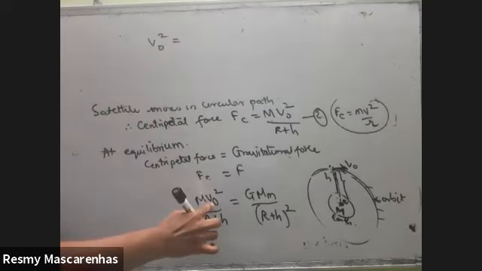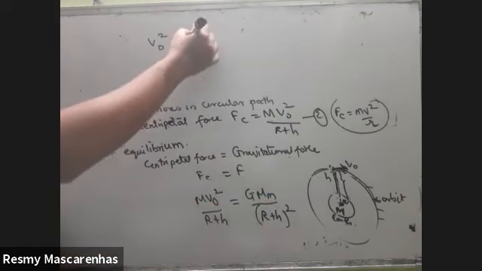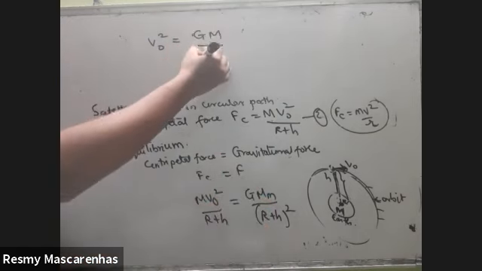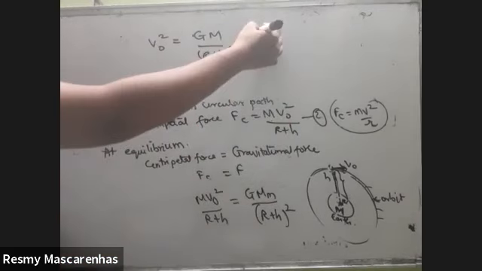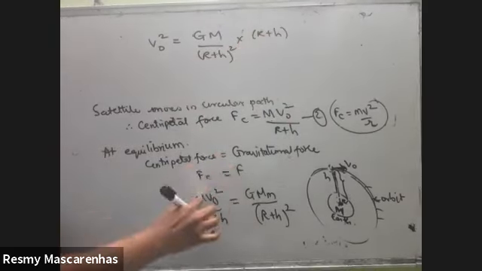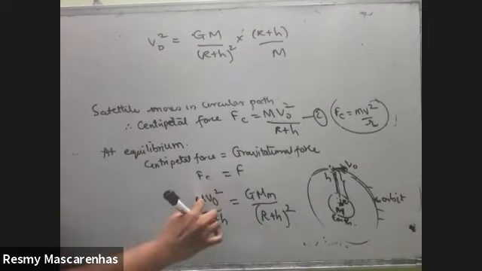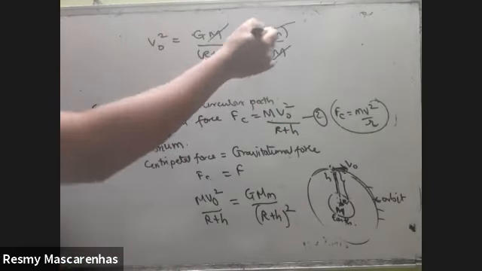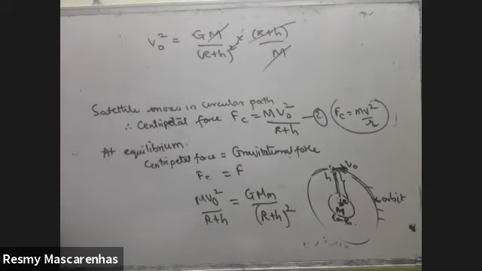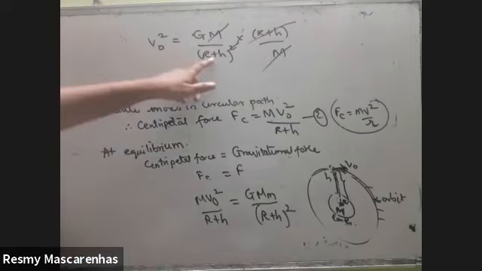Take this on the other side: G M upon r plus h is already there. Now this will go up and m will be down. This will go down, this will go up. Now what all is getting cancelled? M and m will cancel. And one of these will cancel with the square. It's basically, this is x square and this is x.